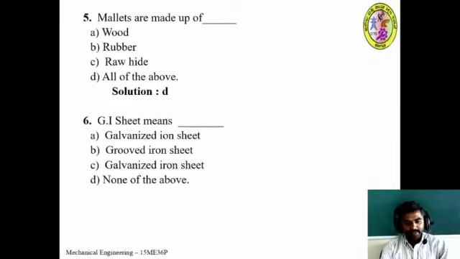GI sheet means, so that means the abbreviation of GI. A, galvanized iron sheet; B, grooved iron sheet; C, galvanized iron sheet; D, none of the above. The answer is C, galvanized iron sheet.